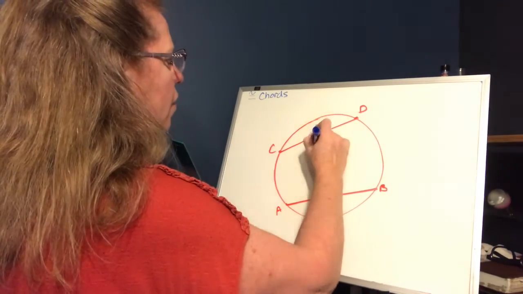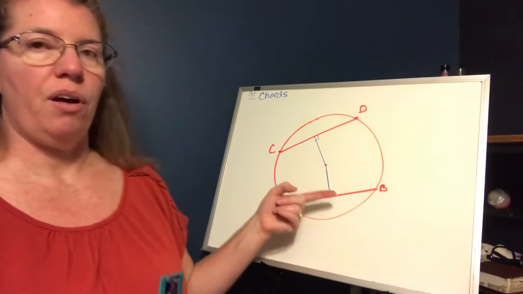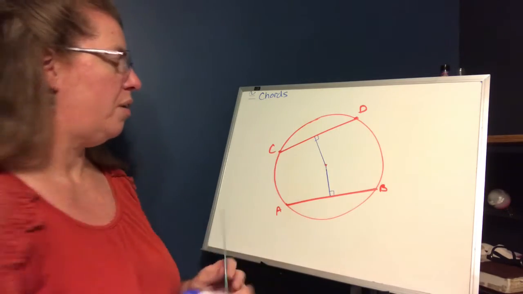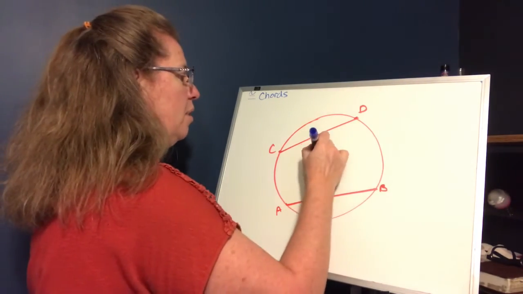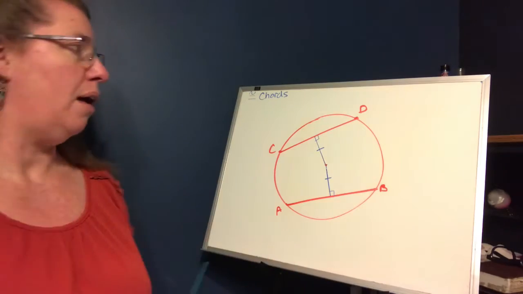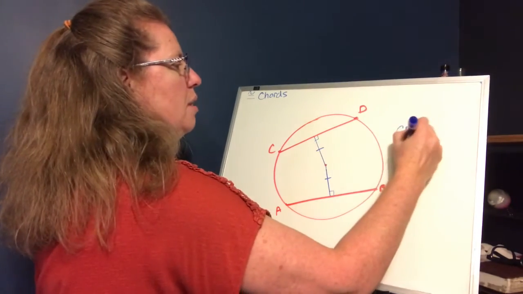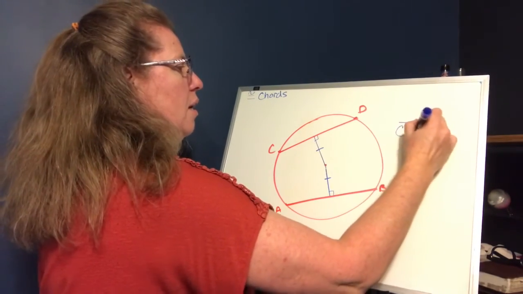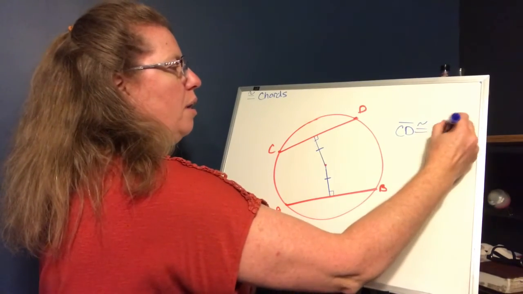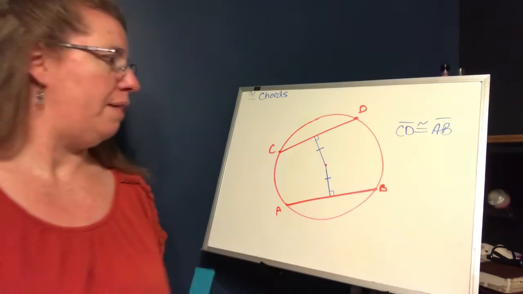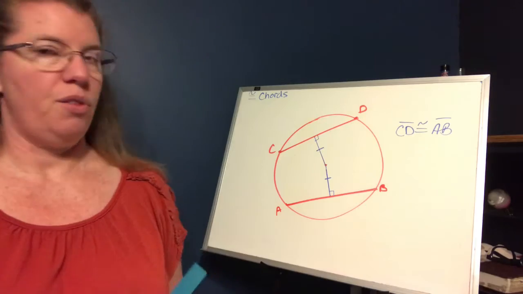Now, if you find the distance of your chord to the center and it happens to be congruent, then we can tell that our chord CD is congruent to chord AB. And that's going to be our next theorem.